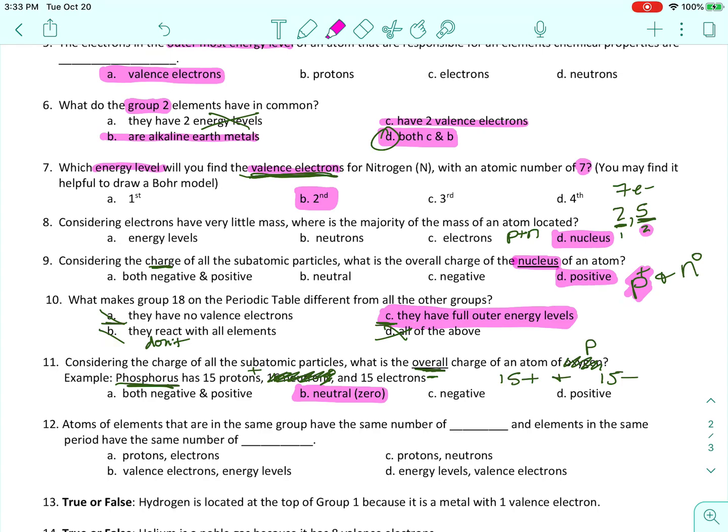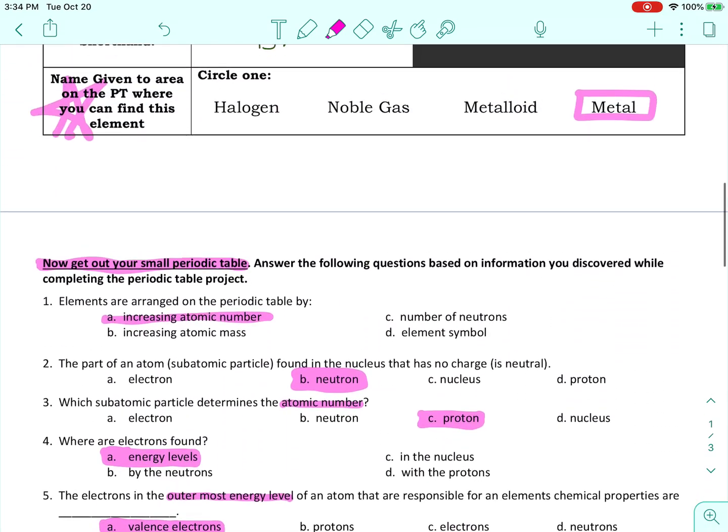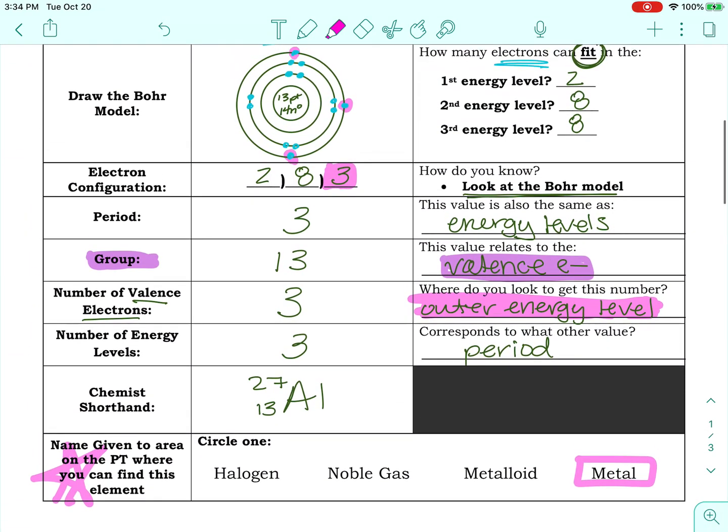Atoms of elements that are in the same group have the same number of blank, and elements in the same period have the same number of blank. Well, let's go back up to the first page like we did before. It says the period is the energy levels.